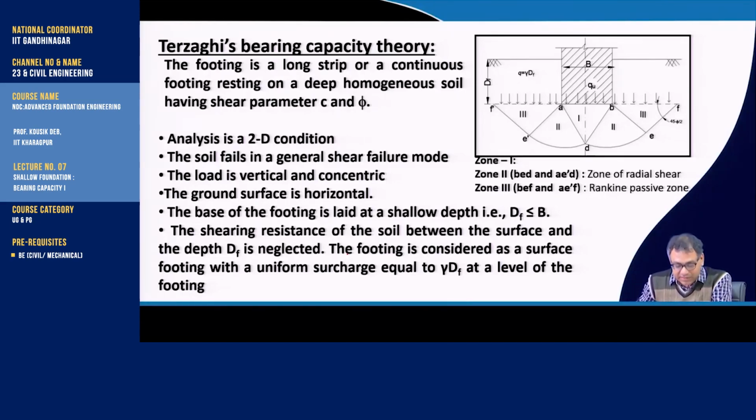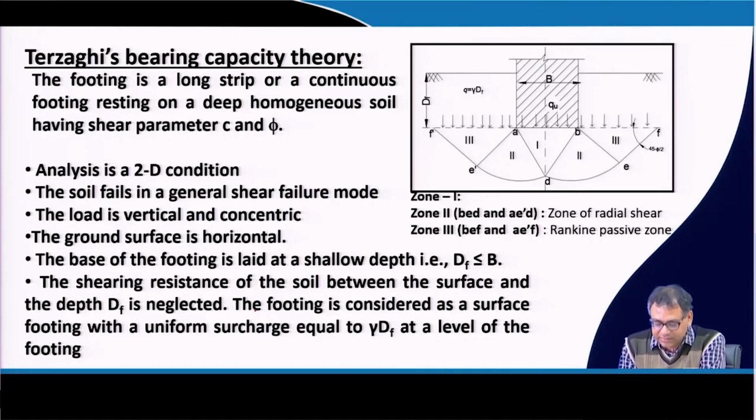It is valid if the depth of the foundation is equal to or less than the width of the foundation. The shearing resistance of the soil above the foundation base, between the base and the ground surface, is neglected, but it is considered as a surcharge acting on the base of the footing.